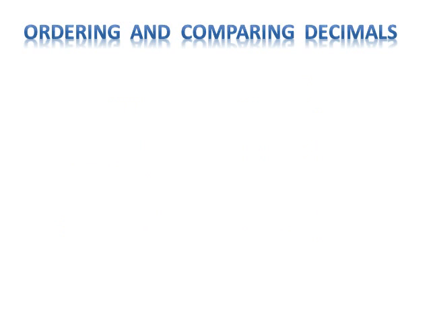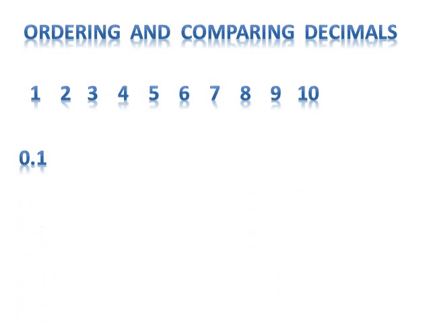Alright, so let's go to ordering and comparing decimals. This is something that you know very well. If we count the ones, we say 1, 2, 3, 4, 5, 6, 7, 8, 9, 10. That's how we count the ones. Now, how do we count the decimals? We start with 0.1. We write 0 in front of the decimal if there is no whole number.